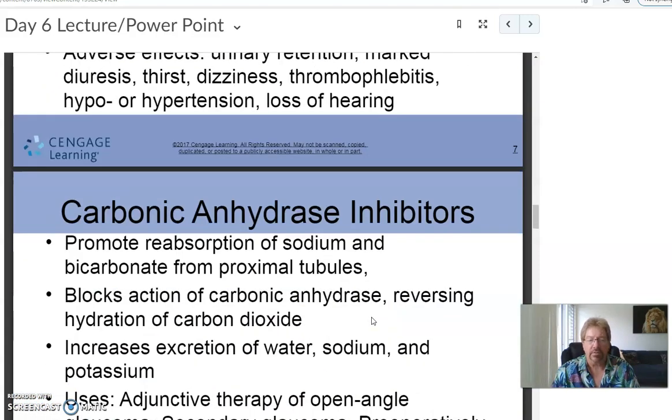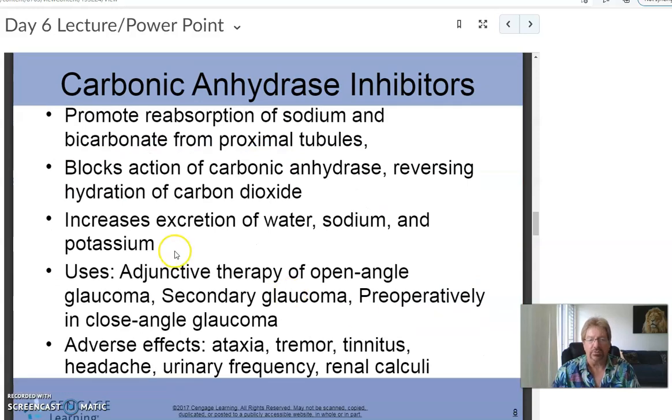Carbonic anhydrase inhibitors promote reabsorption of sodium and bicarbonate from proximal tubules. Why? Water follows sodium, man. They block the action of carbonic anhydrase, reversing hydration of carbon dioxide, and increase excretion of water, sodium, and potassium. Uses: adjunctive therapy.